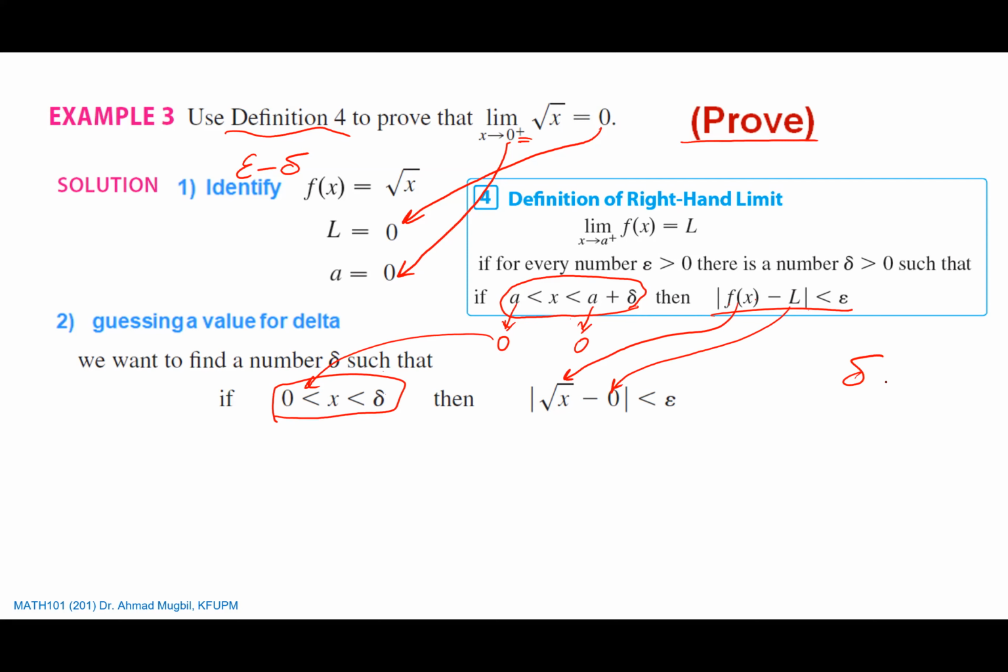Now our target is to find delta. The square root of x minus 0 is the square root of x. Is that correct, guys? The absolute value of square root of x is equal to square root of x. Is this true? Yes. Why?